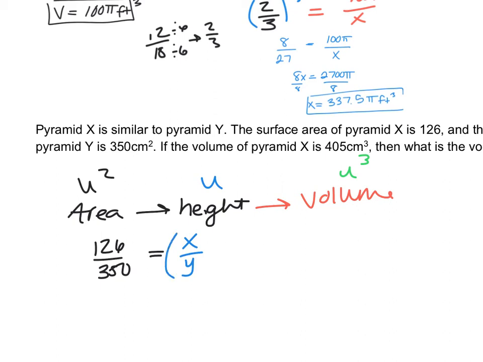Instead of squaring and getting x squared and y squared, that's too much work. What I'm going to do is actually take the square root of my units squared to make it units. Because the only way to get rid of a square is to get the square root. So I'm going to do some erasing. And I'm going to take the square root of 126 over 350.